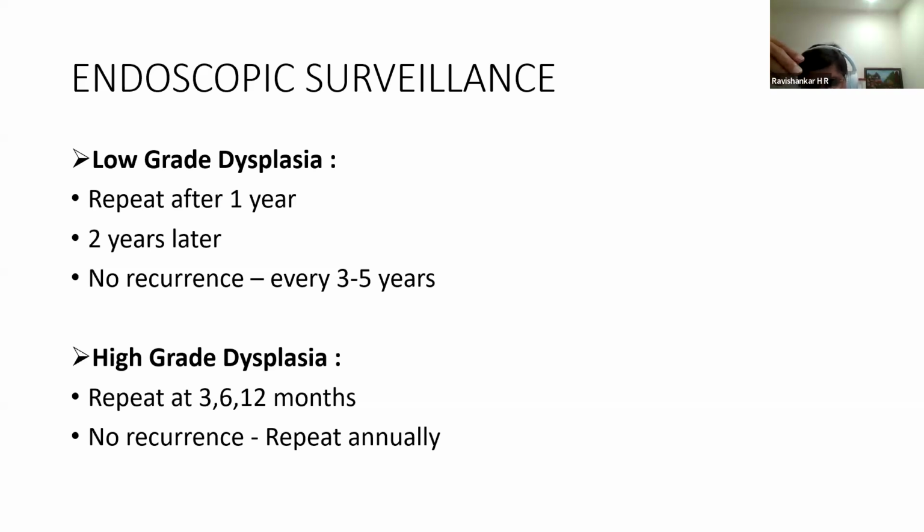Yes, in high-grade dysplasia, there is a tendency of 20 to 30% every year for malignant transformation. So you have to be very careful, because the moment there is malignant transformation, the prognosis becomes very bad.